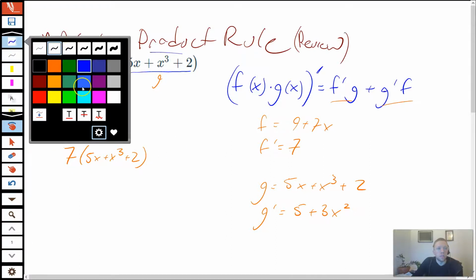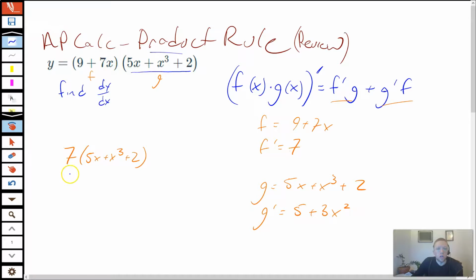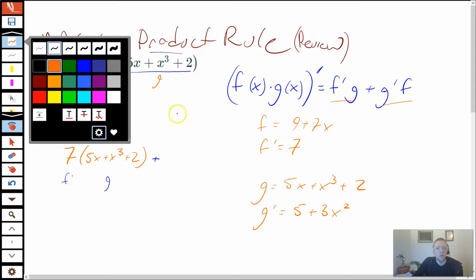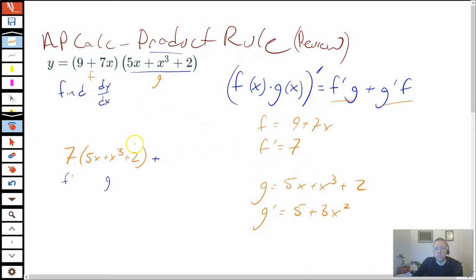Let me label that to make it super clear. 7 is f prime, and then 5x plus x to the third plus 2 is g of x. Plus, now we want g prime, so 5 plus 3x squared is g prime, times f, so 9 plus 7x.